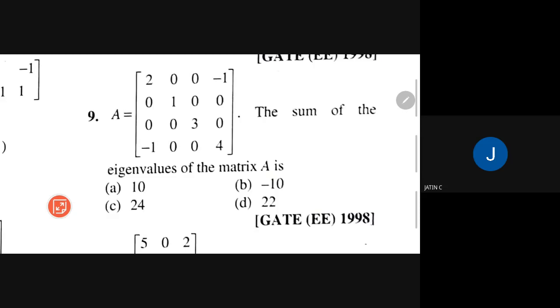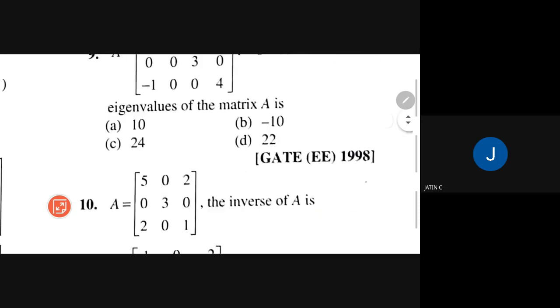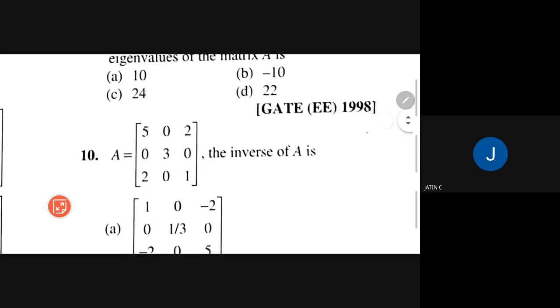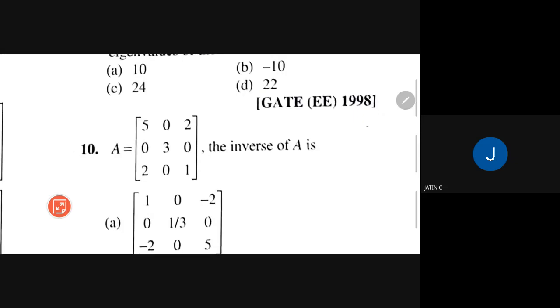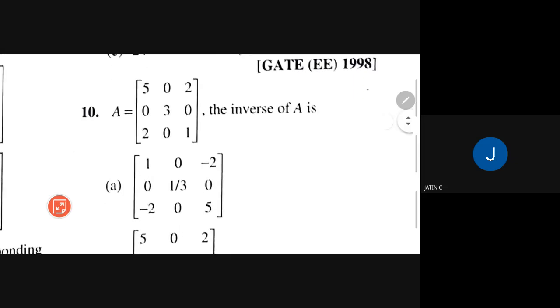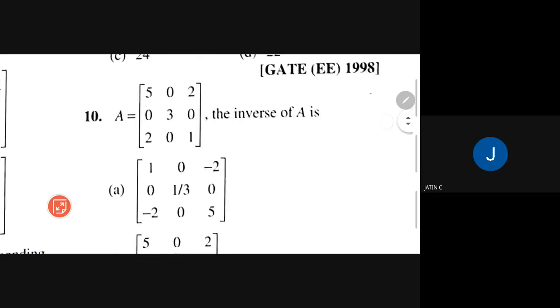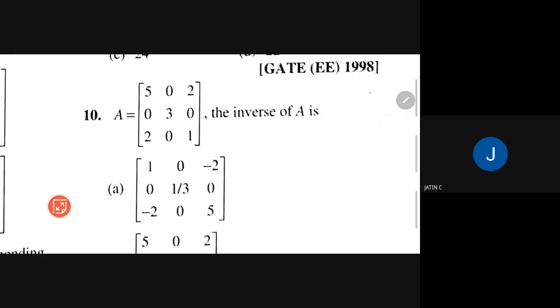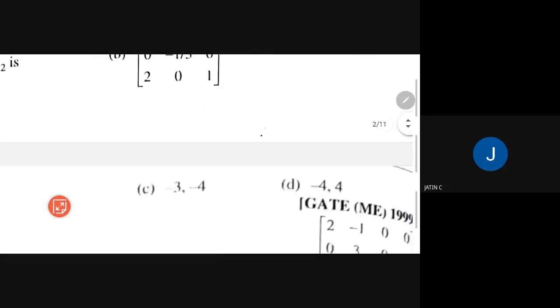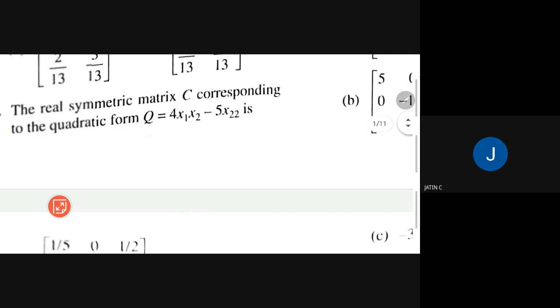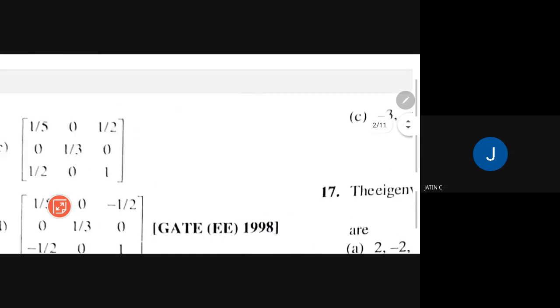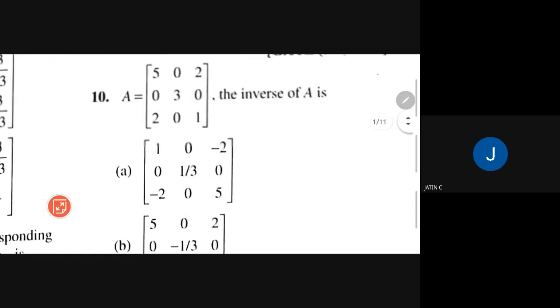So the 9th question is a simple question. Then, if A is that, the inverse of A is. You can compute the inverse, but is there a shortcut? Can anyone suggest how you will do this problem without computation?